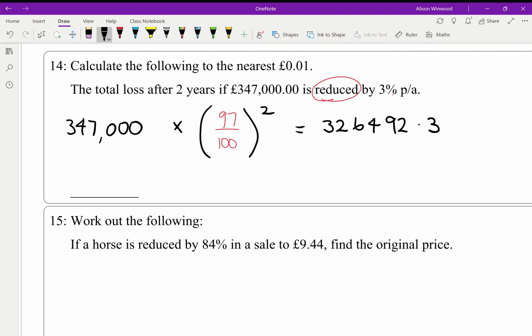But read the question and it wants the total loss, so I've got to do my original amount subtract what I ended up at. So the loss is in fact 20,507.7.